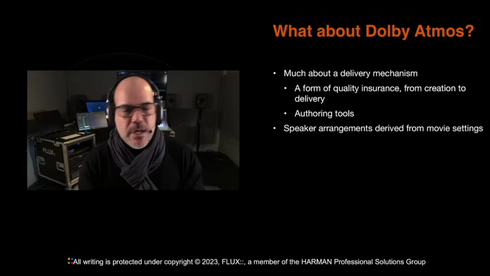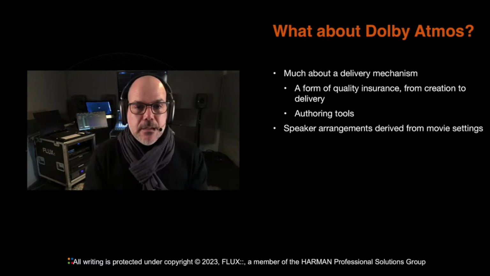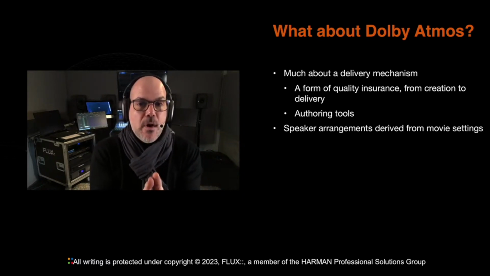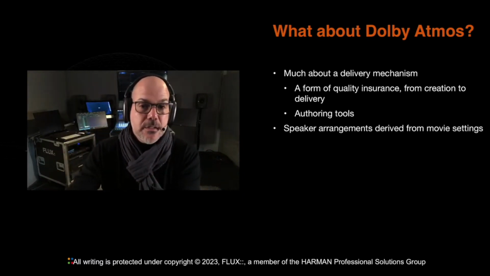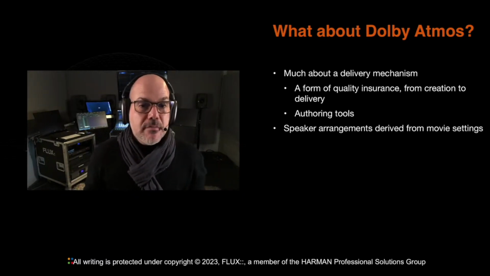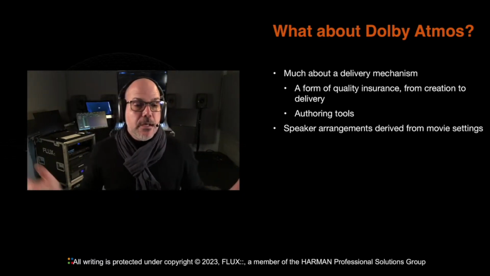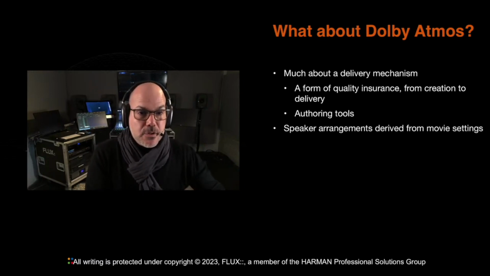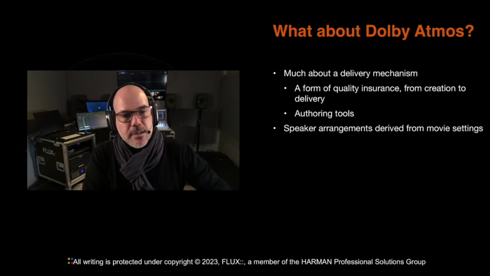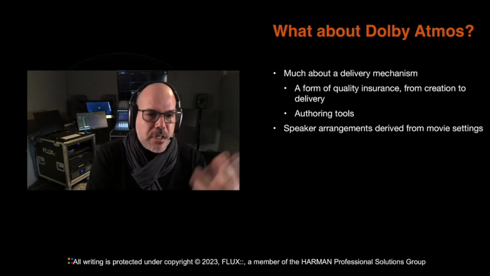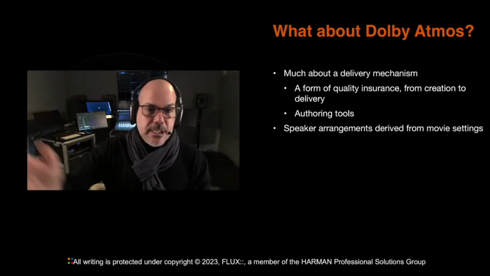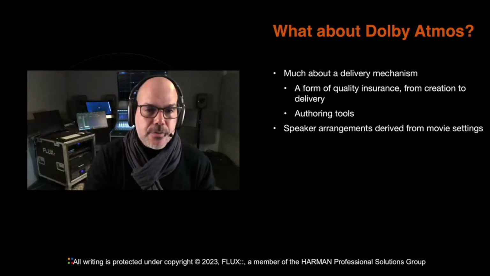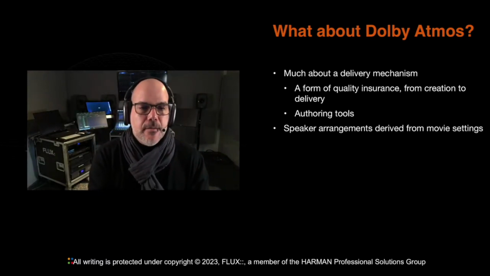But we all know as well that it actually derives quite a bit, and I'm talking about this quality assurance, from the movie theater settings, and the ability to create movies with multi-channel audio, object-based audio, and be able to present it in hundreds of theaters with the same quality, with different settings.